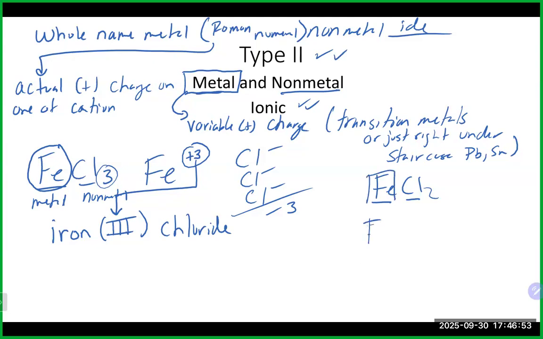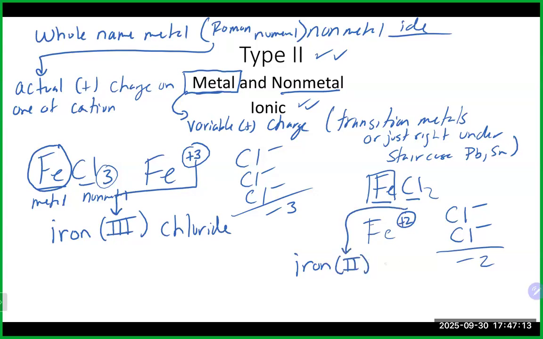We have only 2 chlorides, which is a -2. That means the iron is carrying a +2 charge, so the name would be iron Roman numeral 2 chloride.